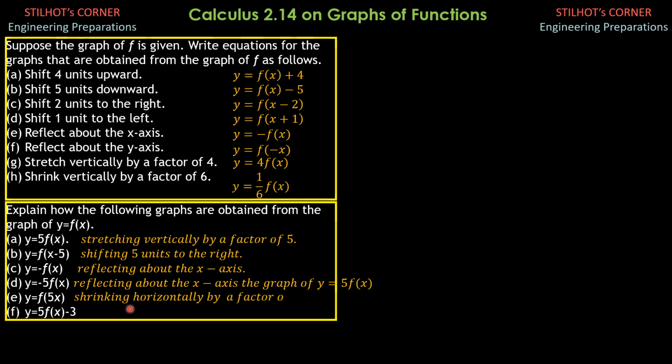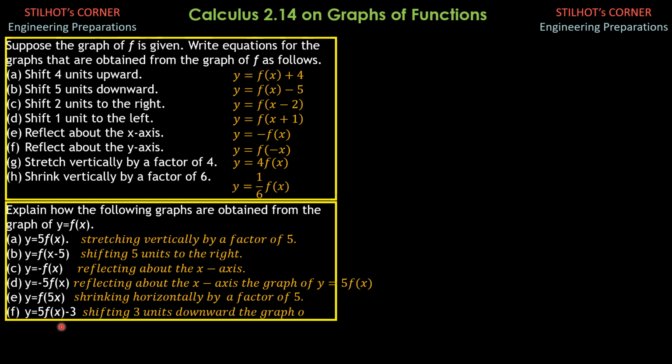So if originally the graph is 10 units wide, then shrinking it by a factor of 5, it will become 2 units wide. 10 divided by 5 is 2. Then y equals 5 times f of x minus 3. So we have to shift the graph of y equals 5 times f of x vertically 3 units downward.